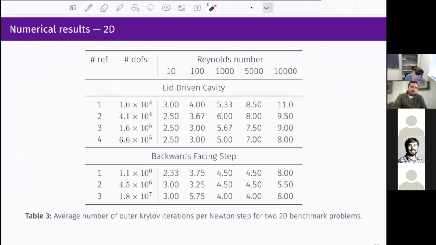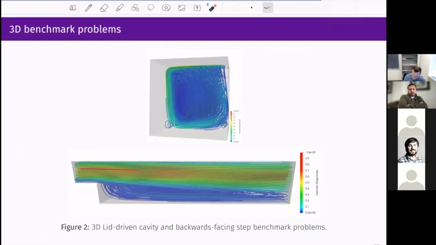And we can see that our iteration counts, especially for very fine meshes, go from like 2.5 to 8, or here from 3 to 6. So we don't get perfect robustness, which we got for Stokes, but extremely mild iteration growth, right? If you remember the results I showed earlier for the existing preconditioners, we're over 500 in this column already. And then we looked at a 3D version of this problem.